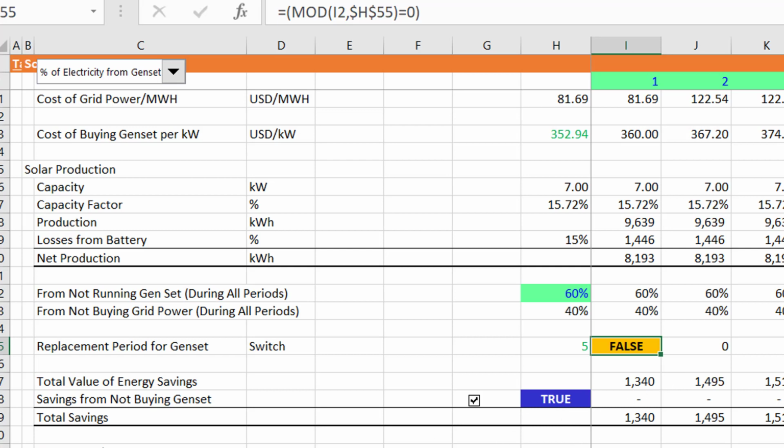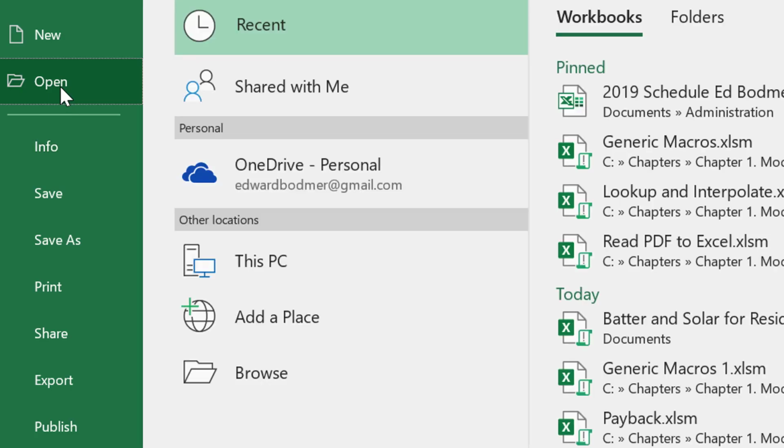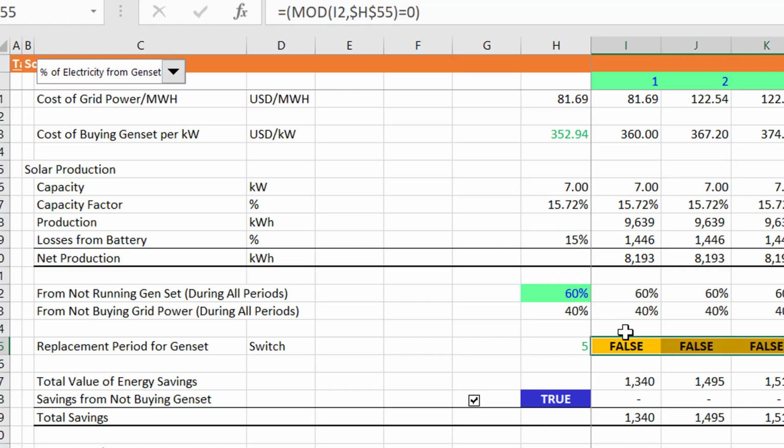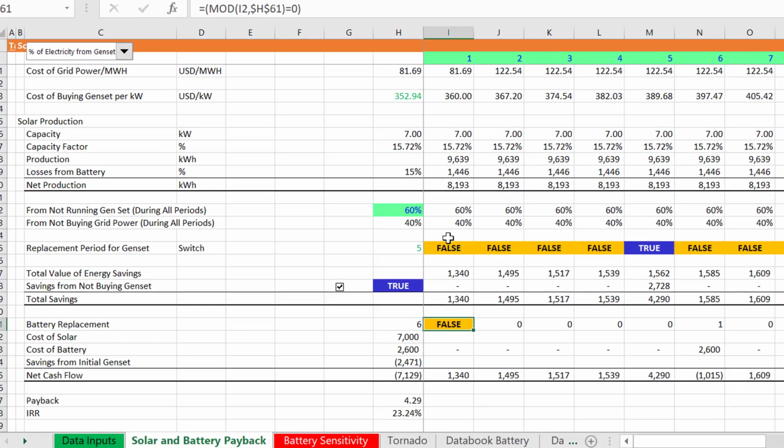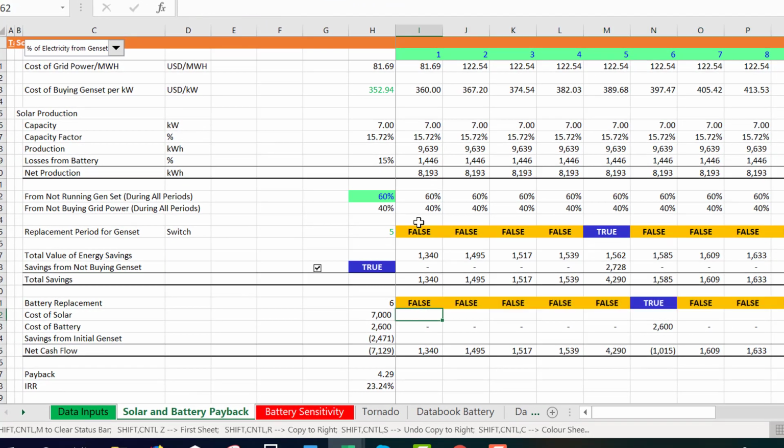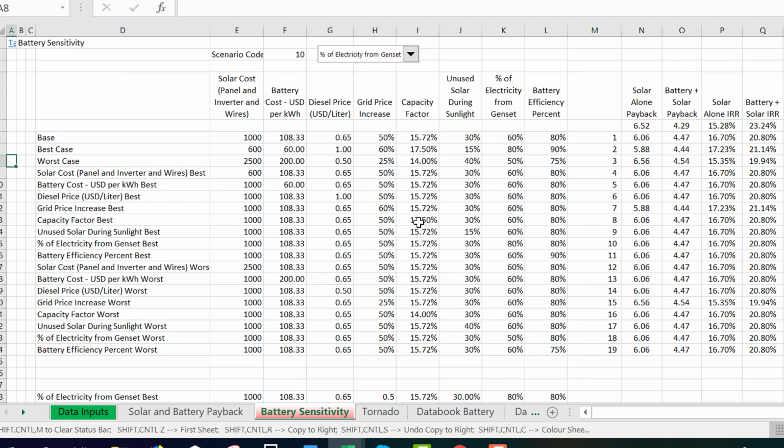I don't have generic macros open. Well, that's pretty stupid. And then you can see when exactly the genset needs to be replaced. And in this case, I had 5 years for the genset, and I had 6 years for the battery. Okay, let's put another variable.